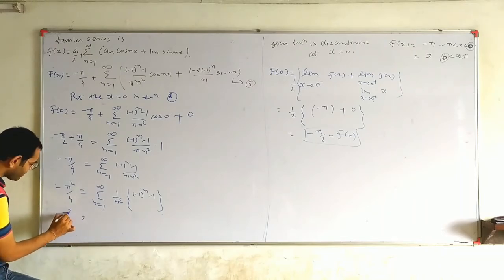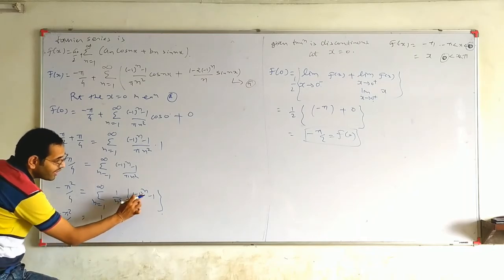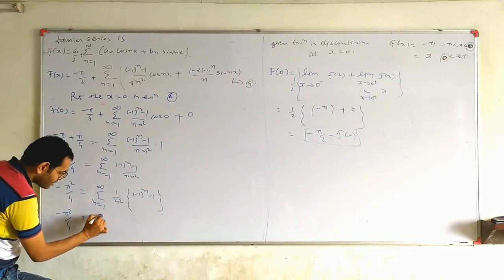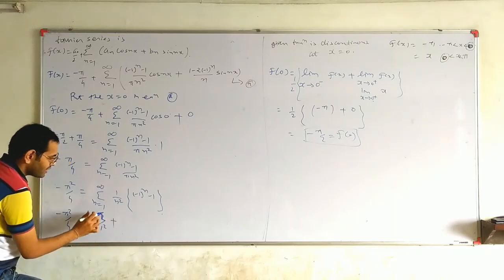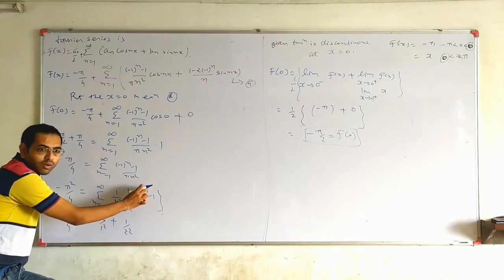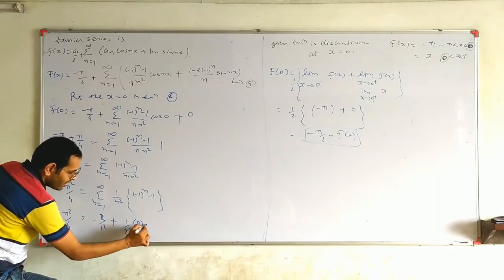Then we get minus pi square by 4 equal to, for n equal to 1, 1 upon 1 square into minus 1 raised to 0 minus 1, that is minus 2. Plus n equal to 2, 1 upon 2 square into 1 minus 1, that is 0. Then 0 into everything is 0.